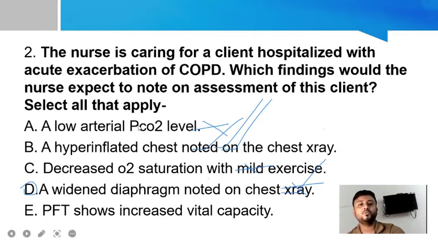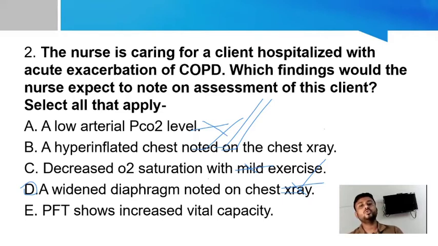So in the first point, there is a low arterial PCO2 level. In this question, we need to know the symptoms of COPD. In case of COPD, the patient may have hypercapnia due to the accumulation of old carbon dioxide in the lungs.